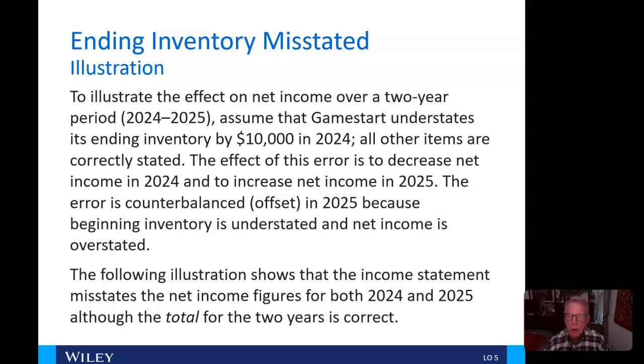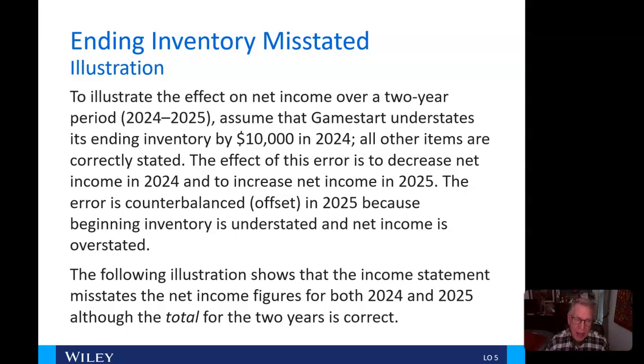So if I look at that for a second and I take beginning inventory plus my purchases and I subtract too low a number for my ending inventory, that means my cost of goods sold is overstated. If my cost of goods sold is overstated, the effect of that error is to decrease net income, which will in turn decrease retained earnings.